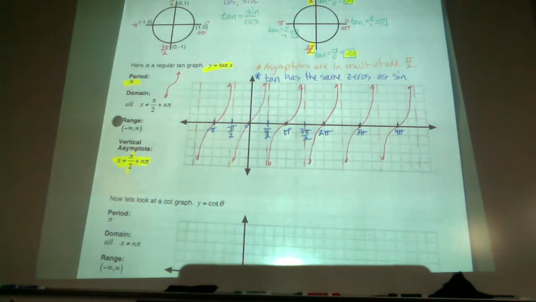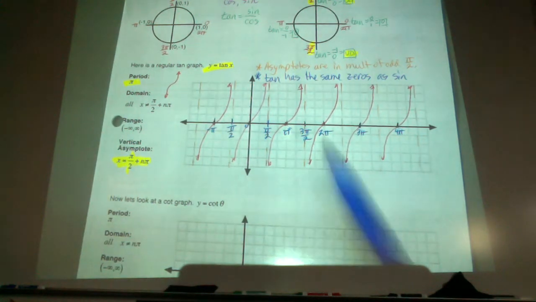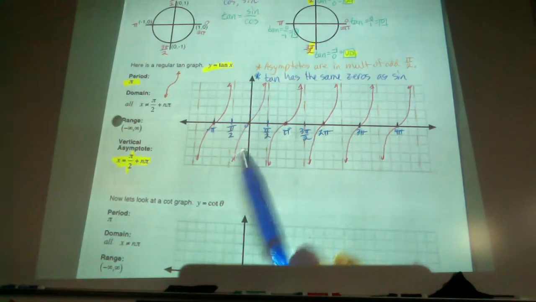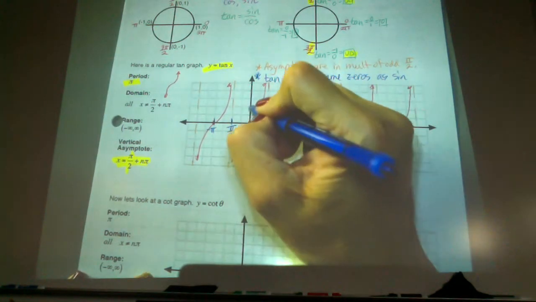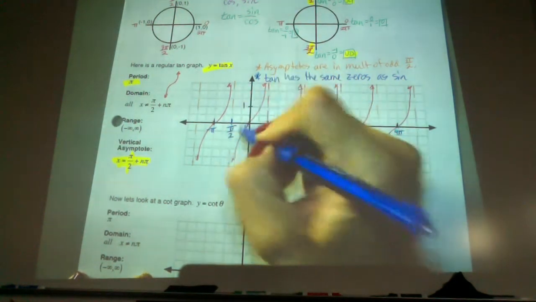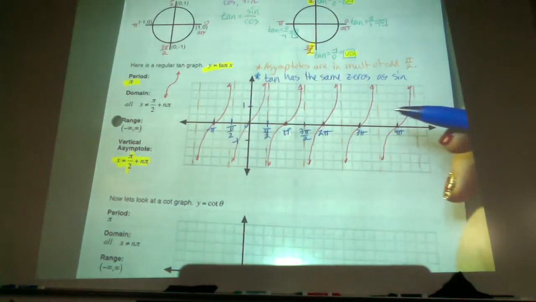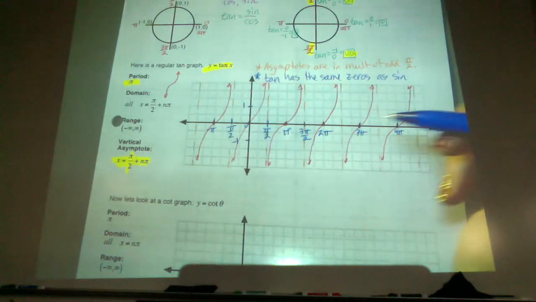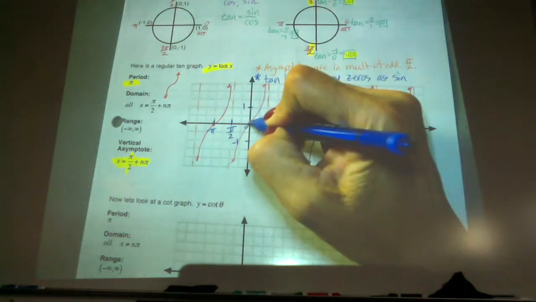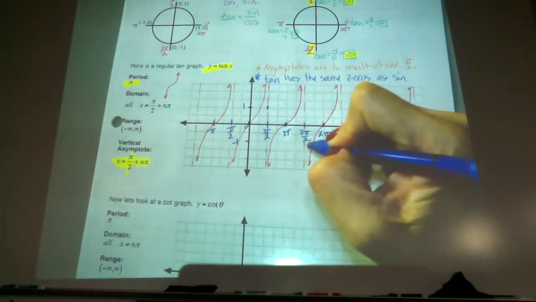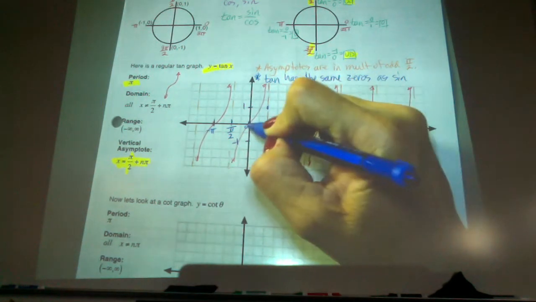So just something that I'm going to show you on this graph just as an aha. Remember I said up here that tangent has the same zeros as sine. So if I were to graph sine on here, assuming that this was a distance of 1 and this was a distance of -1, I'm just going to graph one period of sine. Sine would be here at 0, up, 0, down, 0.